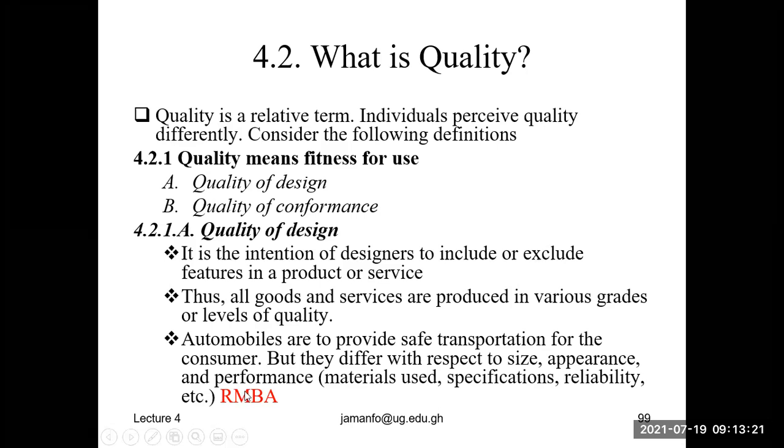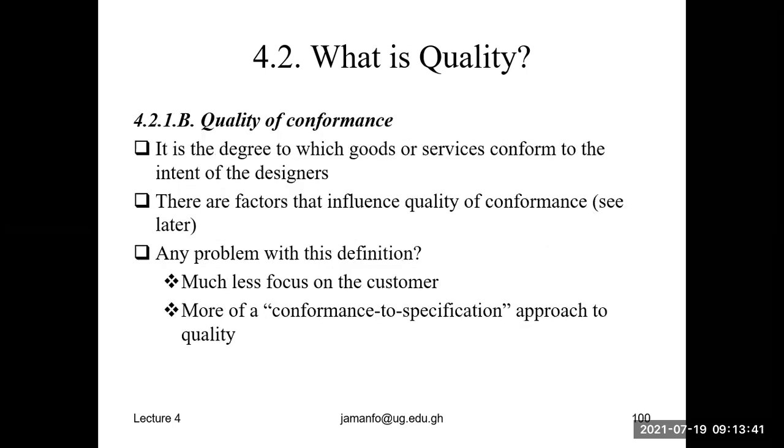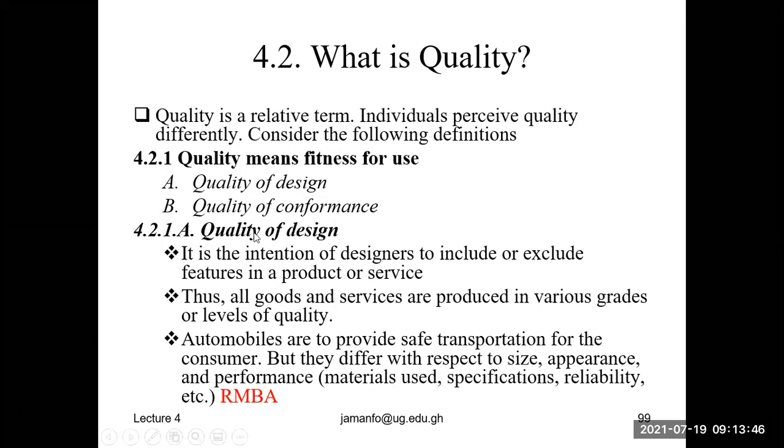Whereas some of these vehicles can for example use 1 liter of petrol over say 20 kilometers, others can use one liter of petrol for less than that number of kilometers. So they differ in terms of performance. So when we say quality of design, basically it is the functionalities that the designers had in mind of the product.